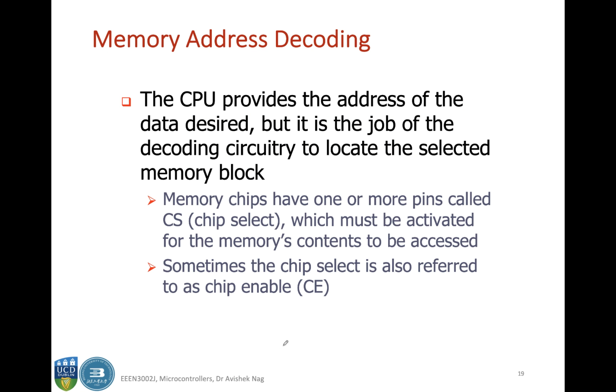After talking about RAMs and ROMs, the next concept we are going to discuss is memory address decoding. The CPU provides the address of the data desired, but it is the job of the decoding circuitry to locate the selected memory block.